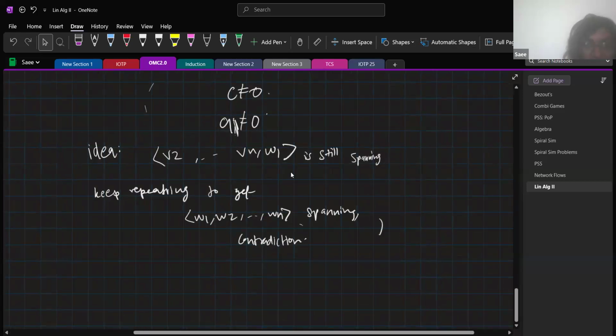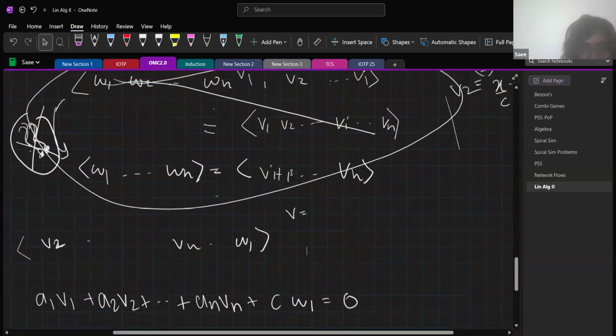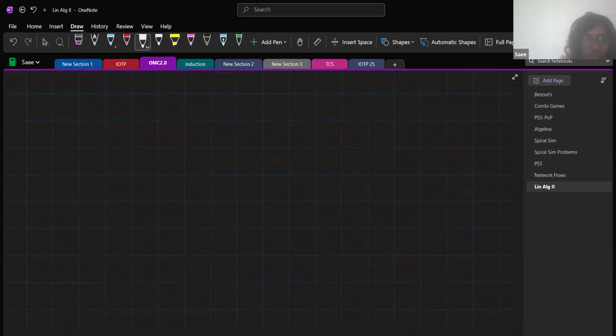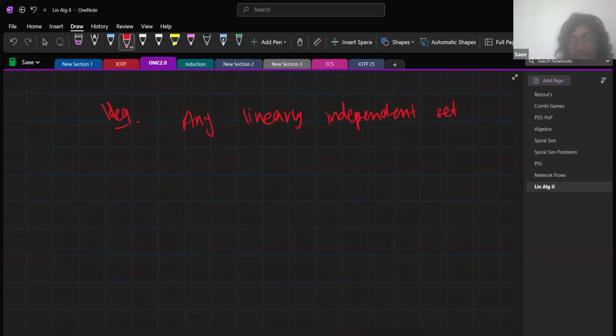Yeah, so this is a very neat idea of extending a basis. Another nice thing you can do, an idea that we were trying to use earlier, is: start with any linearly independent set, and it can be extended to form a basis.